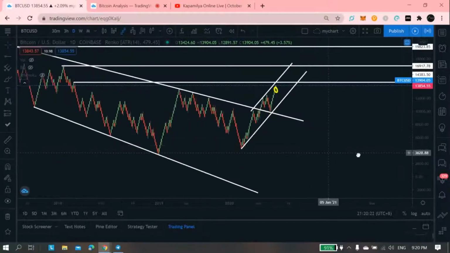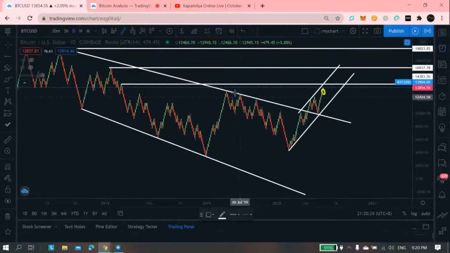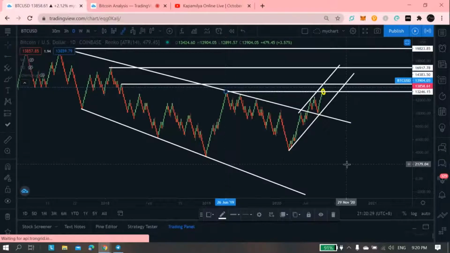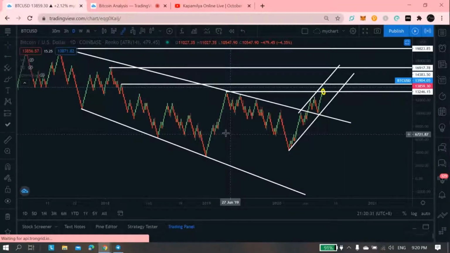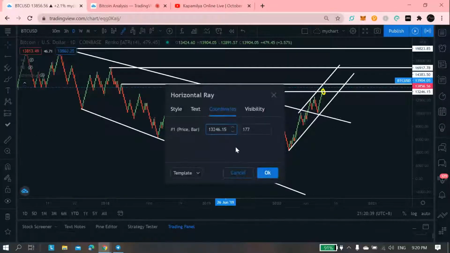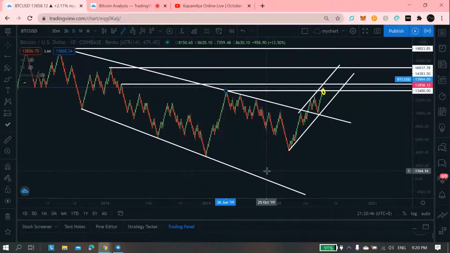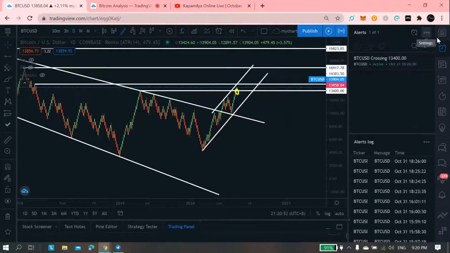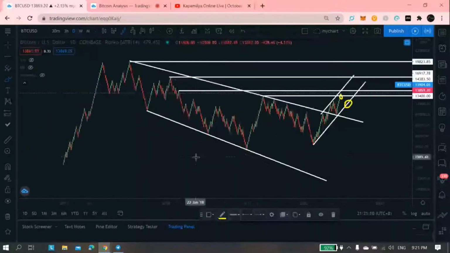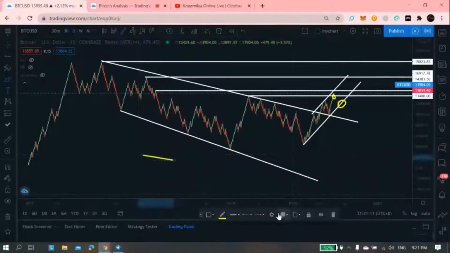Currently, we can use this one, the previous high, which is around 13,424, or around 13,400, because as you can see, my alert is at 13,400. So for BTC. Oh, sorry.